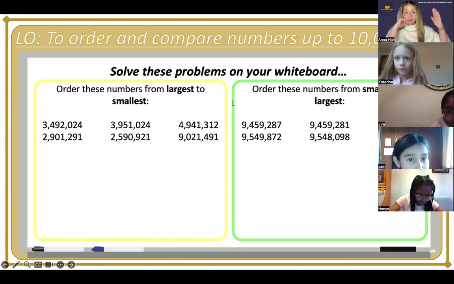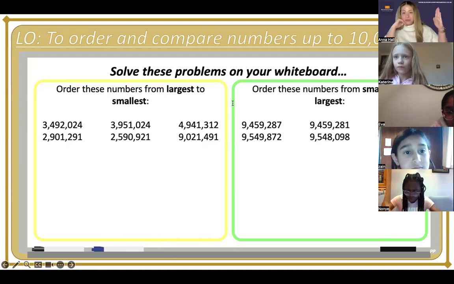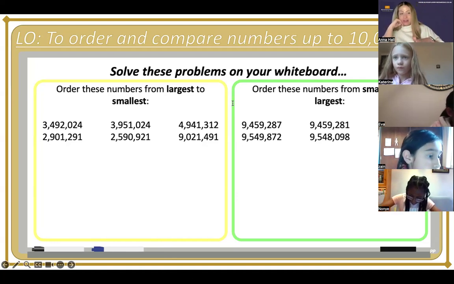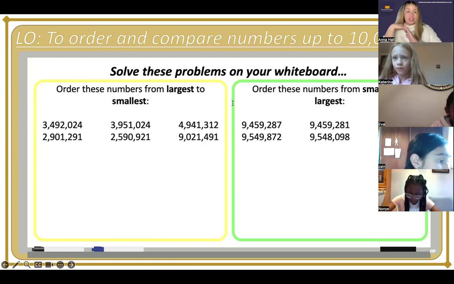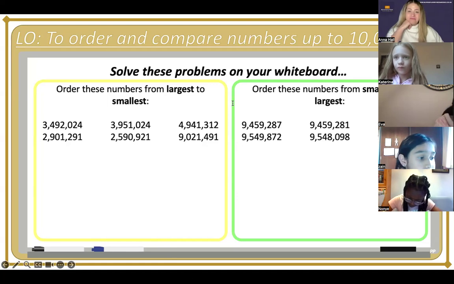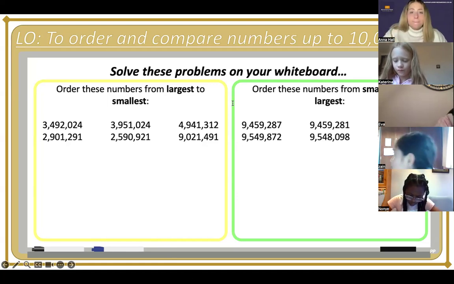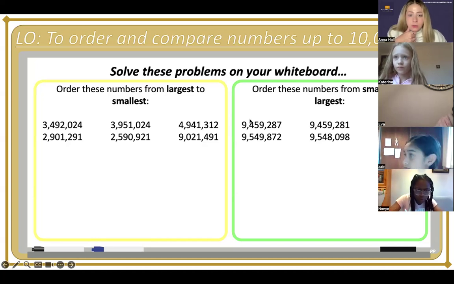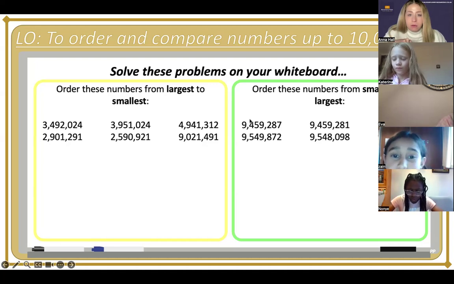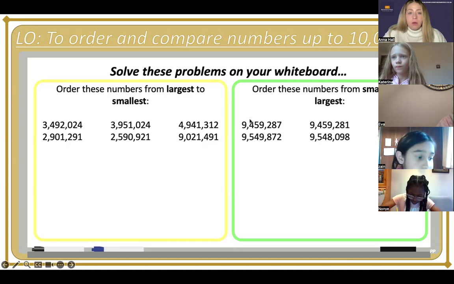So remember, when we're comparing, we start with the millions, then look at the 100,000s, then the thousands. Keep working your way from left to right. Oh, I love this. Somebody's even shown me their answers. Well done.